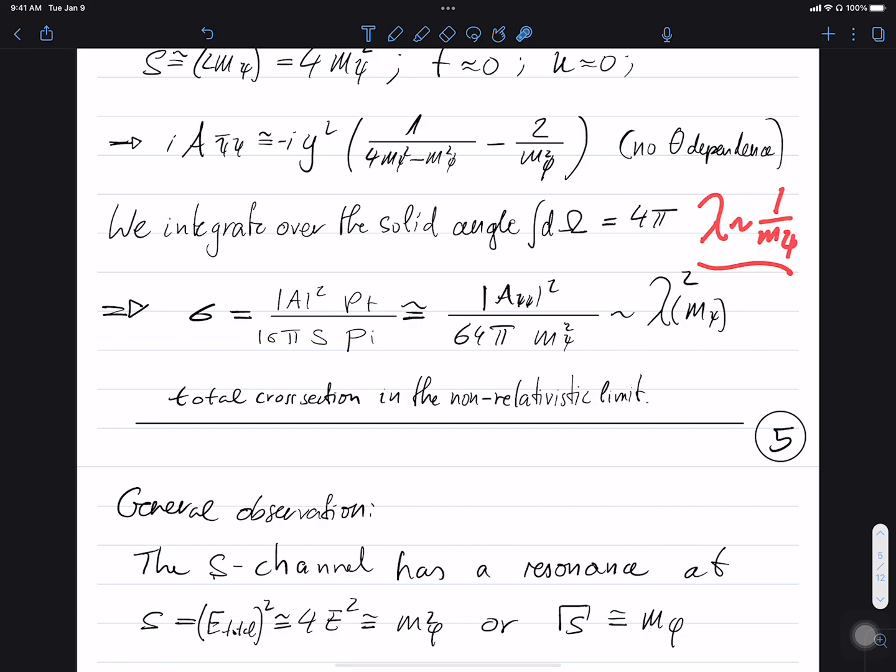So the de Broglie wavelength of this psi particle is 1 divided by m psi. So the cross section here is just given by the de Broglie wavelength squared, which can be physically interpreted as really the area, kind of the physical area of the particles.